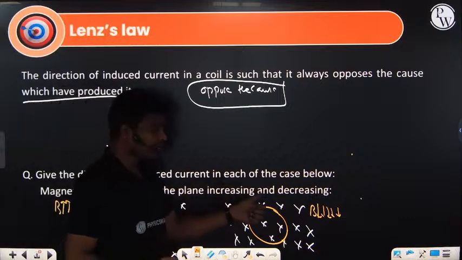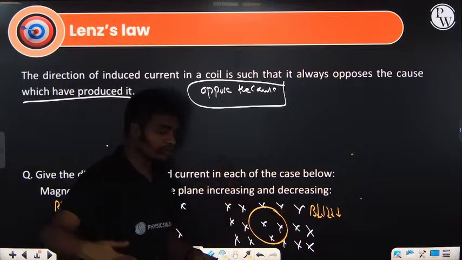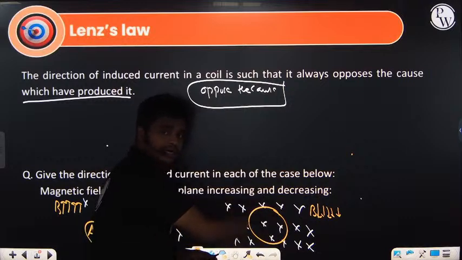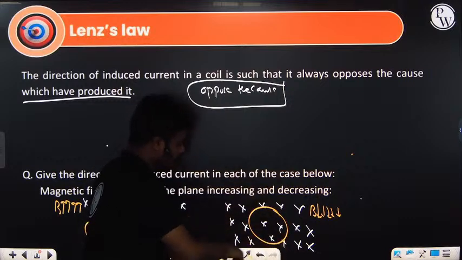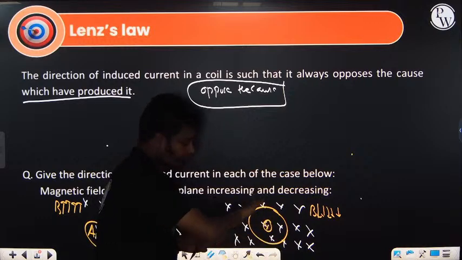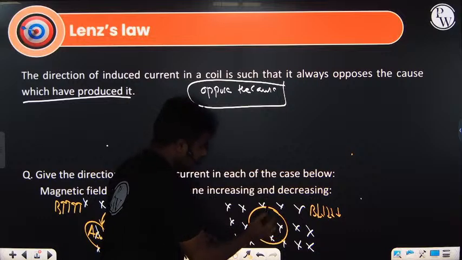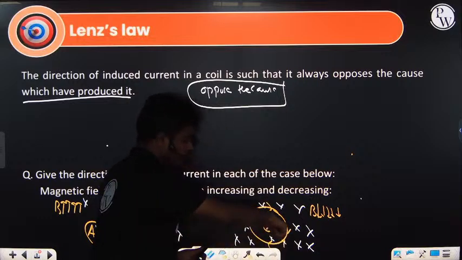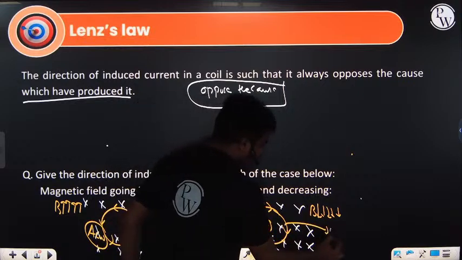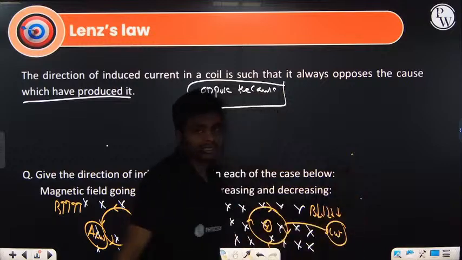We have to give current in such a way that it gives a magnetic field in the same direction. I want to give the magnetic field inward, so I have to give the current in this particular direction. Rotating my fingers in this direction, which side is the thumb going? The inward side. So in this case, the current will be clockwise if the magnetic field is decreasing.